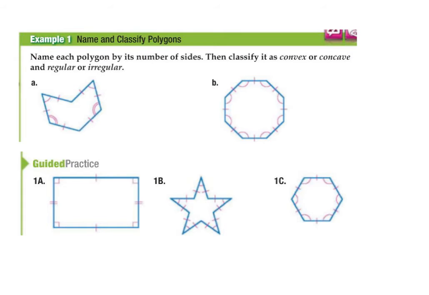So in this example, we want to name each polygon by its number of sides, then classify it as convex or concave, and then regular or irregular. So this polygon has 6 sides. So we have 1, 2, 3, 4, 5, 6. So 6 sides means the polygon is a hexagon.